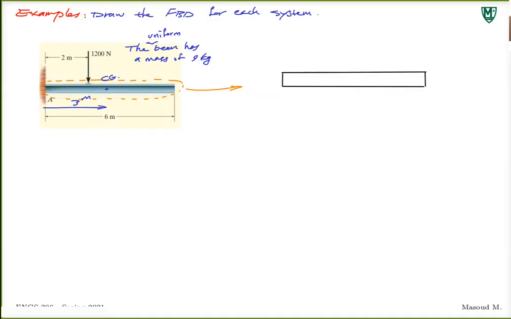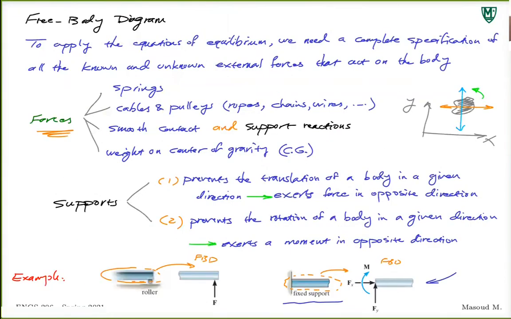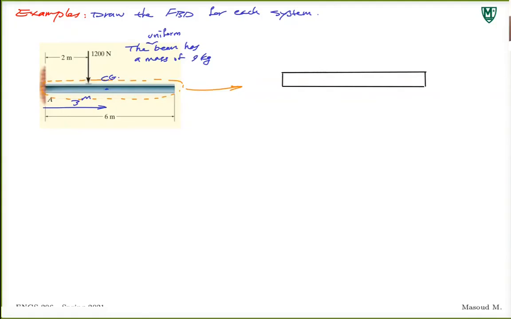So what forces do I have for this beam, out of these possible forces that I listed here? We have the 1200 newtons coming down.